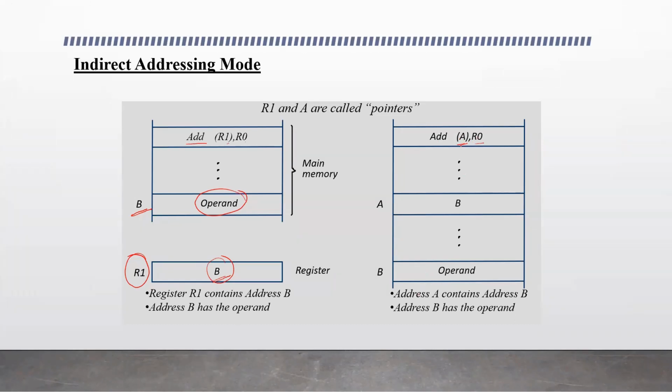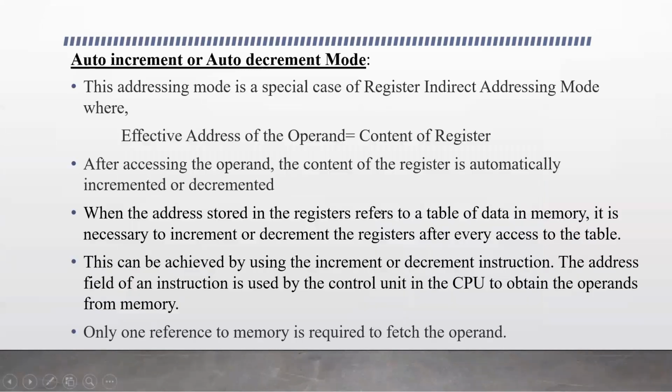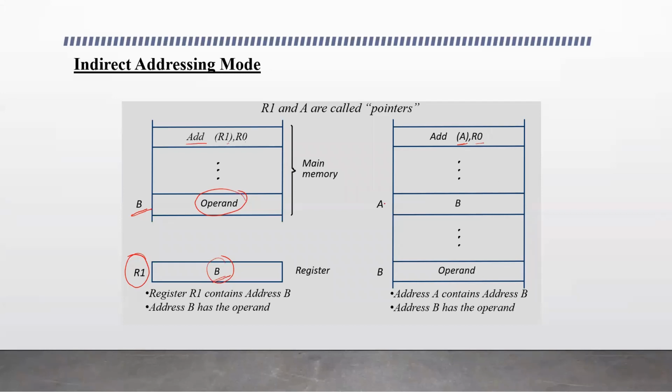So here we first locate this address A. In memory at this location A, what we have is B. This is not the operand; this is again the location of the operand. At this location we find the operand.